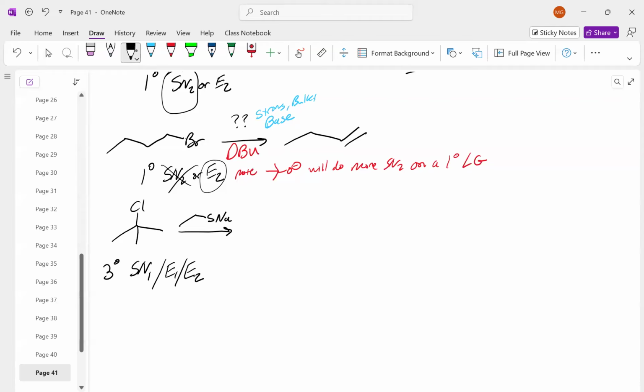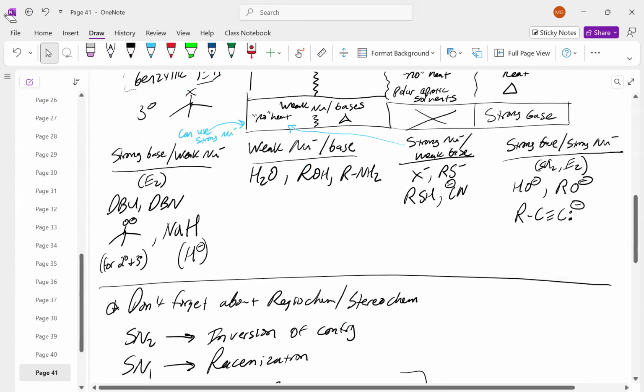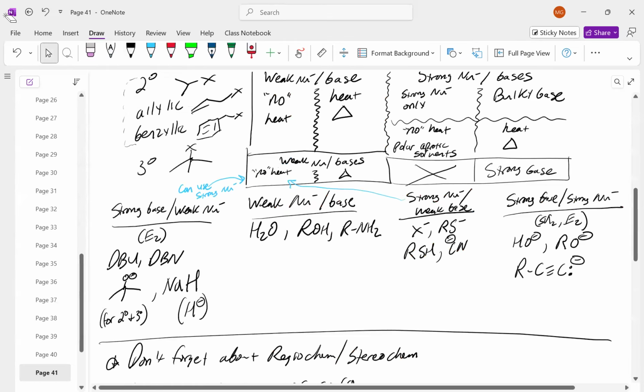So now I'm going to look at the other reagent that's given. So sodium's plus, S is minus. I'm going to ignore the sodium and just focus on the S minus. So I need to identify what kind of base or nucleophile this is. So this S minus, go back up here to where we talked about it, is a strong nucleophile, weak base.